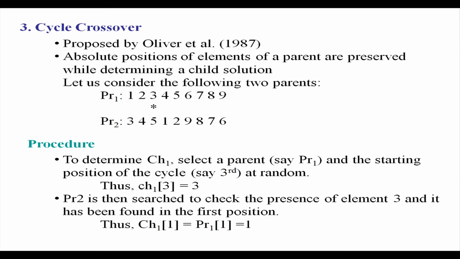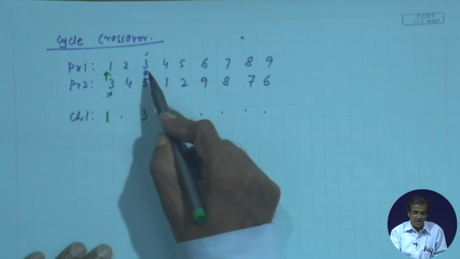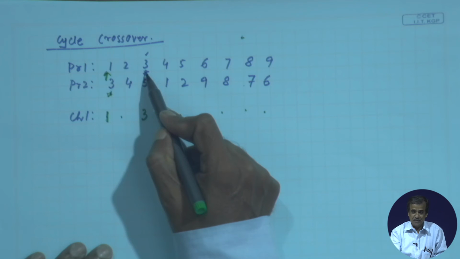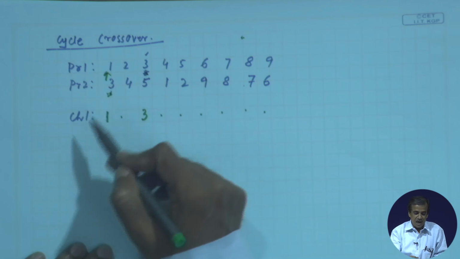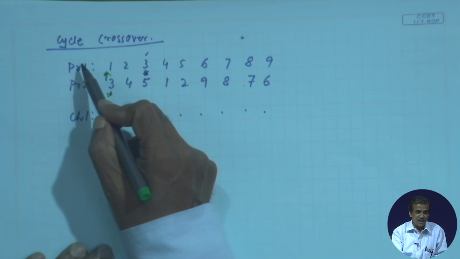Shall I repeat it once again? Let me repeat. I have got parent 1 and parent 2, and there will be a starting position for this particular cycle. Supposing that the starting position is 3. Now, to get child 1, we take the help of parent 1 first.